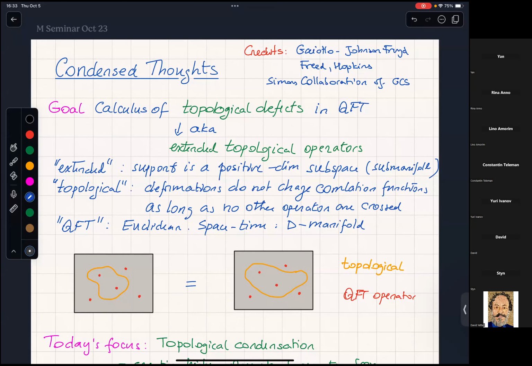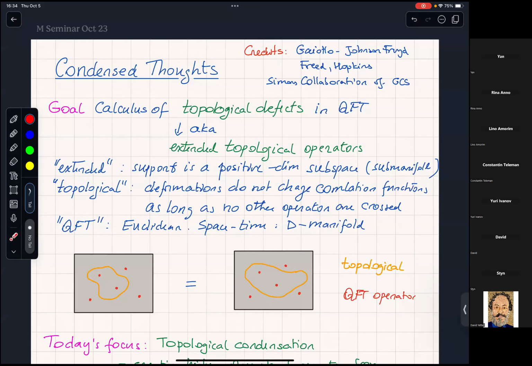And there are a lot of people I should credit. I'll just put some in the top right. I have a pointer, good. I put some names, so I think that the notion of condensation reached the math mainstream through a paper by Davide Gaiotto and Theo Johnson-Freyd, and they wanted to use the idea of condensation that would come up in a very crude form to define some kind of higher Karoubi completion of higher categories.